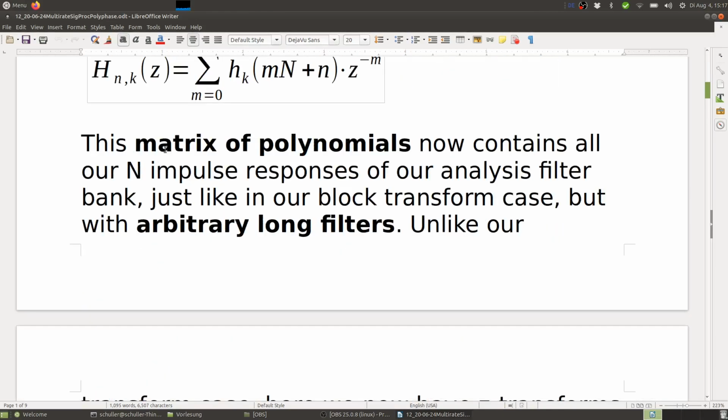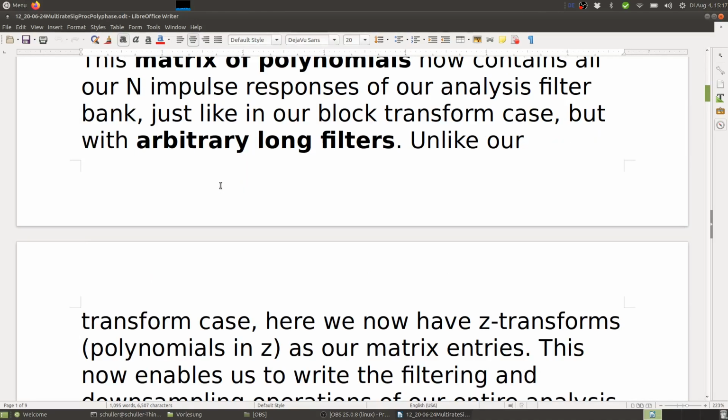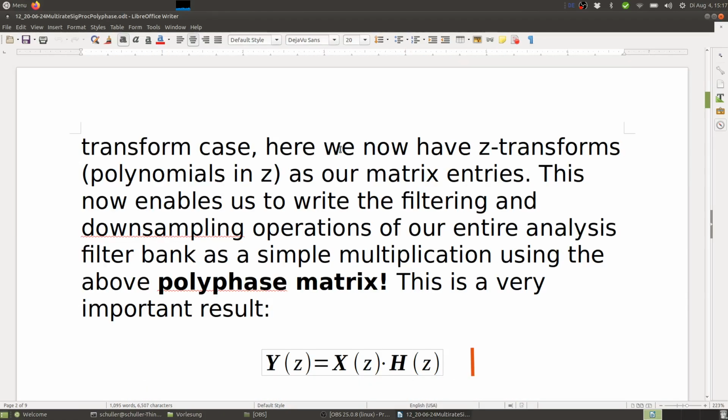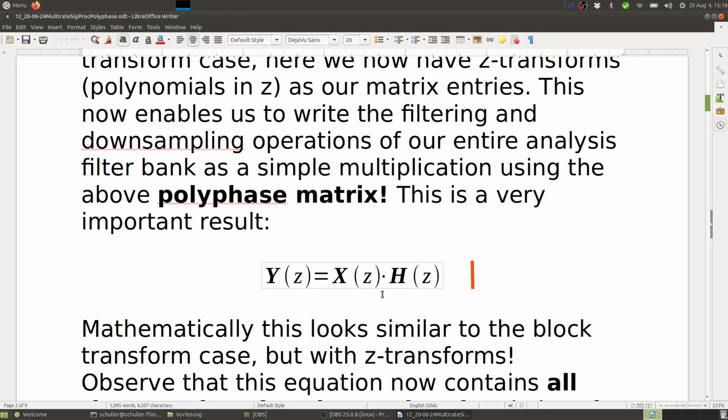So this matrix of polynomials now contains all our N impulse responses. Unlike our transform case, here we have z-transforms, polynomials in z, as our matrix entries. This now enables us to write the filtering and downsampling operation of our entire analysis filter bank as a simple multiplication using the above polyphase matrix. This is a very important result.